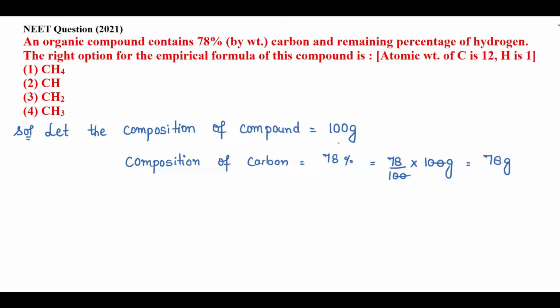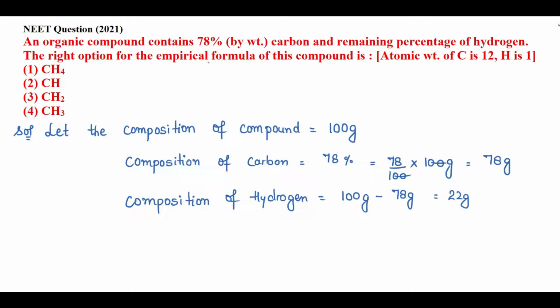Now, if the compound is 100 gram, the composition of hydrogen will be 100 gram minus the composition of carbon, that is 78 gram. 100 minus 78, it will be 22 gram.